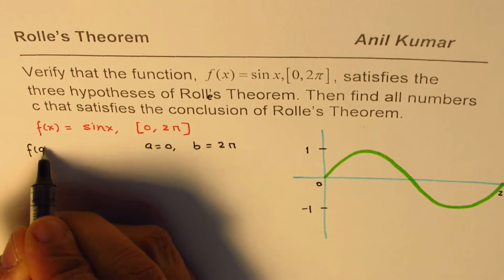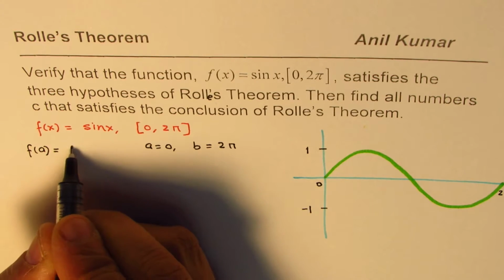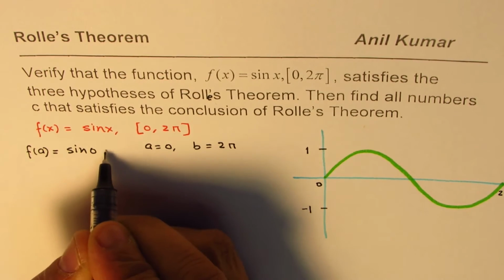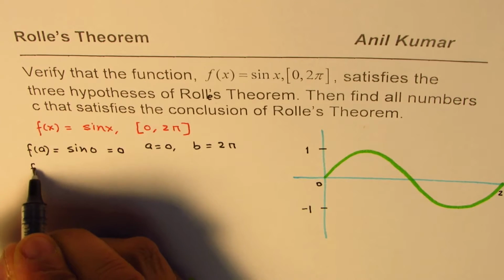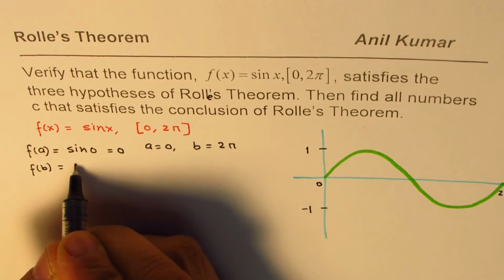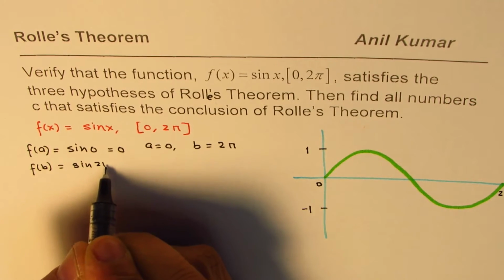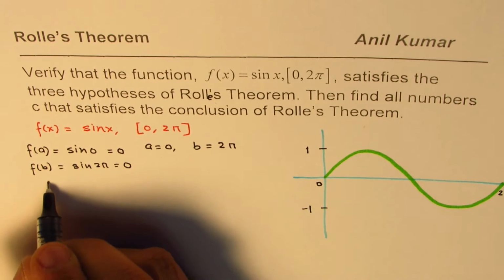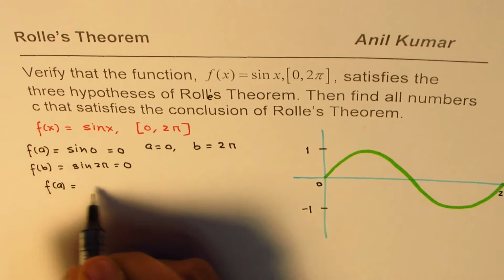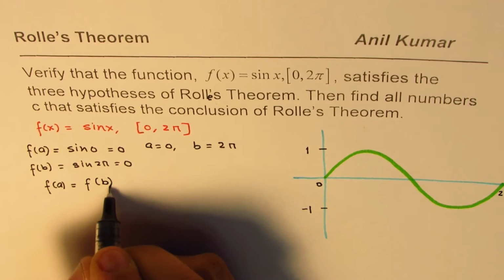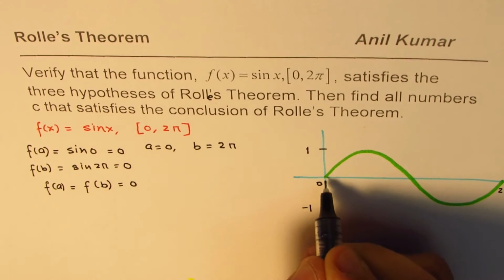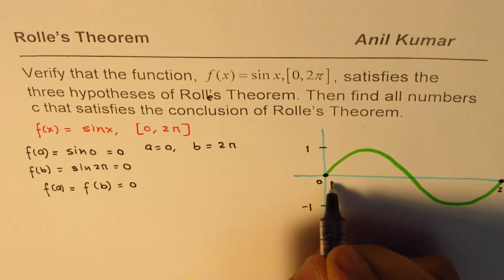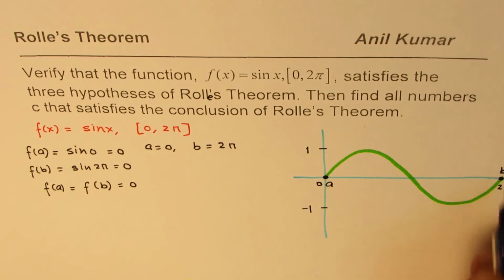F of a is equal to sine 0, which is equal to 0. F of b is sine 2 pi. That is also equal to 0. So what we have seen here is that f of a is equal to f of b, and both are equal to 0. In the graph you can see these 2 points, right? So these are your points a and b.